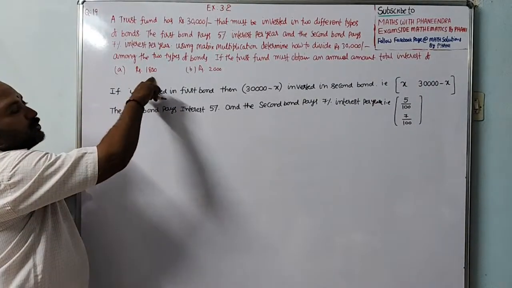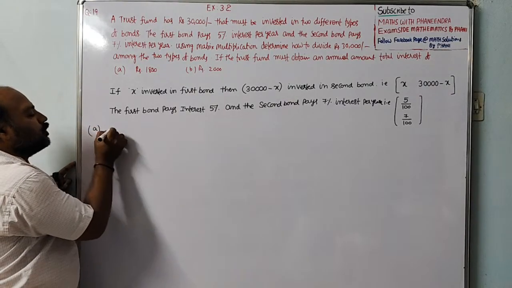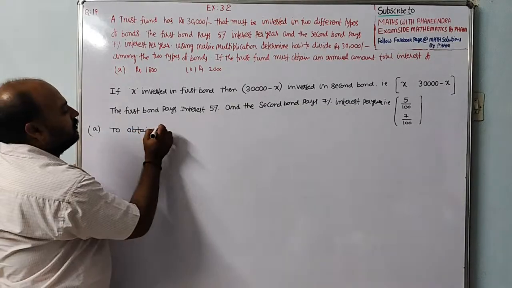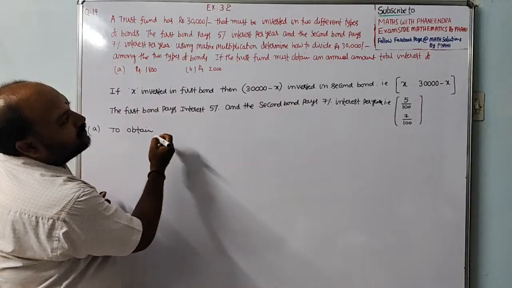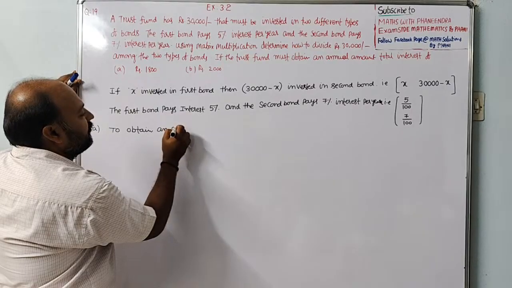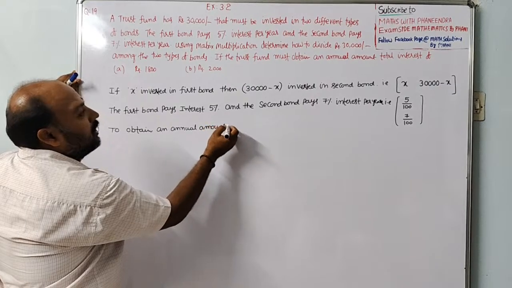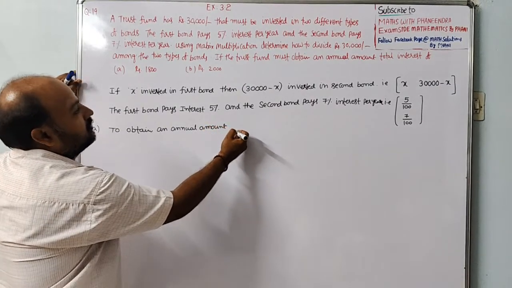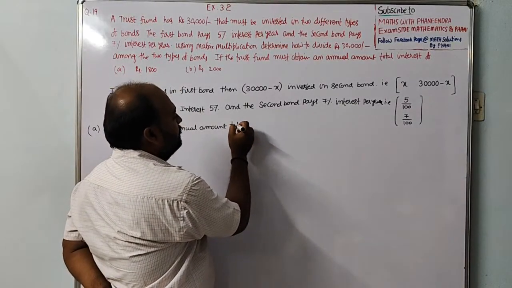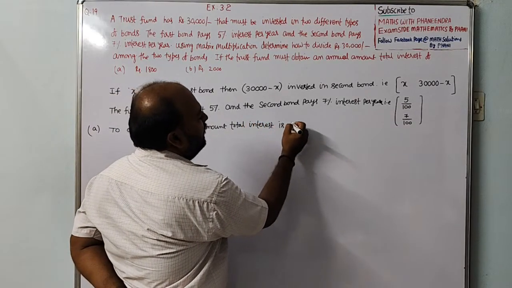The first question goes to A, second question goes to B. In the first question, I'm writing to obtain an annual total interest of 1800.